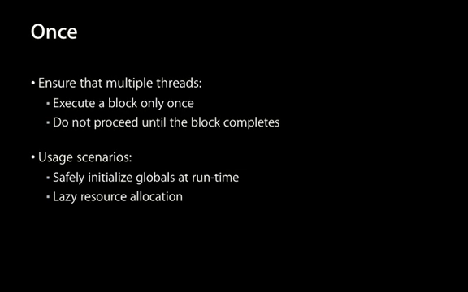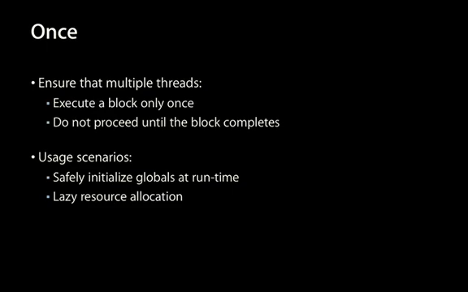Another primitive that we've provided in GCD is the ability to execute blocks exactly once. This is very similar to pthread once, if you're familiar with that. We're going to execute a block exactly once, and we're not going to let any thread proceed until that block has been executed.